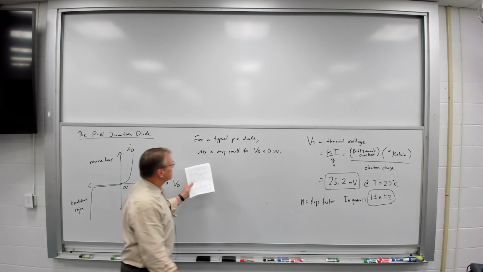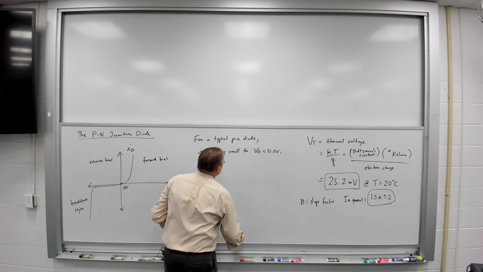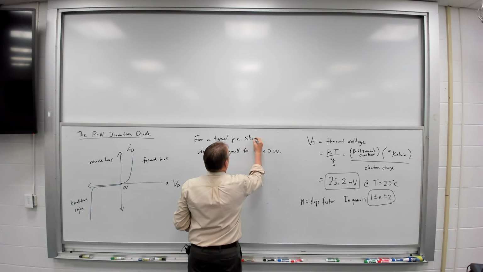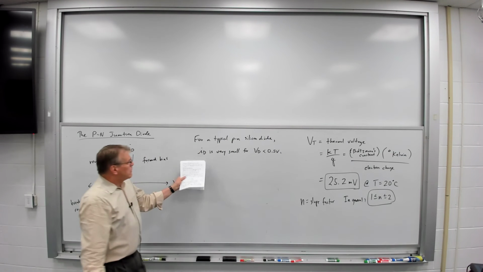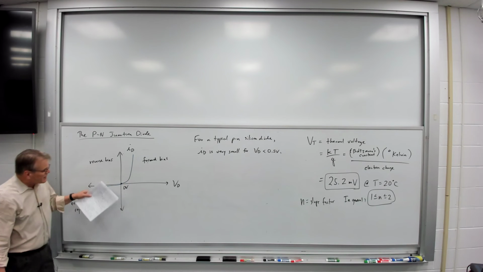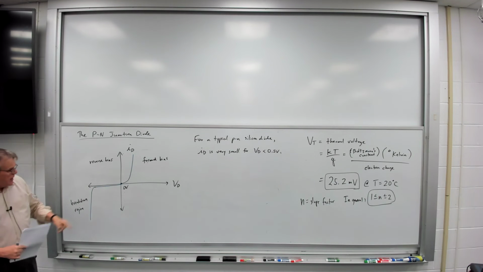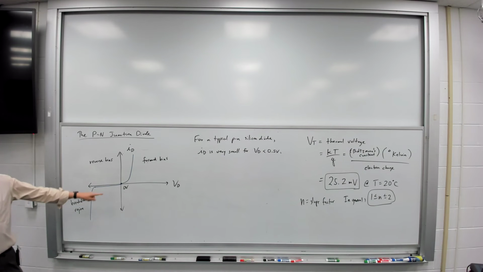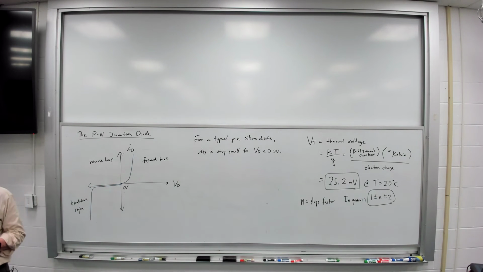For a standard PN silicon diode, the diode current tends to be small in this region. I deliberately exaggerated this to show the exponential curve here, but at low voltages, typically half a volt or less, the current's still small. That exponential term hasn't gotten very big yet.